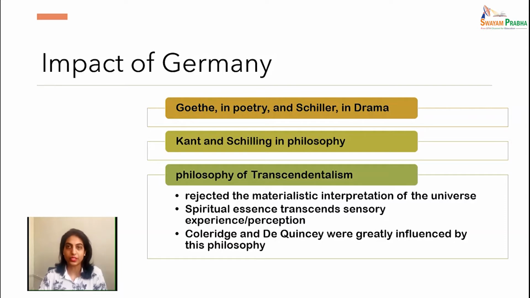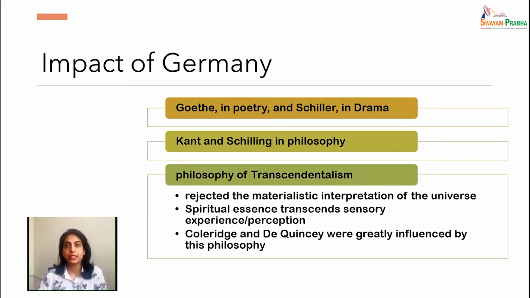The German thoughts, especially this philosophy by Kant, fascinated the British and American writers to a great extent. The transcendental philosophy rejected the materialistic interpretation of the universe and held that reality was a spiritual essence that transcends sense or sensory experience. The British Romantic writers like Coleridge and De Quincey were greatly influenced by this philosophy.